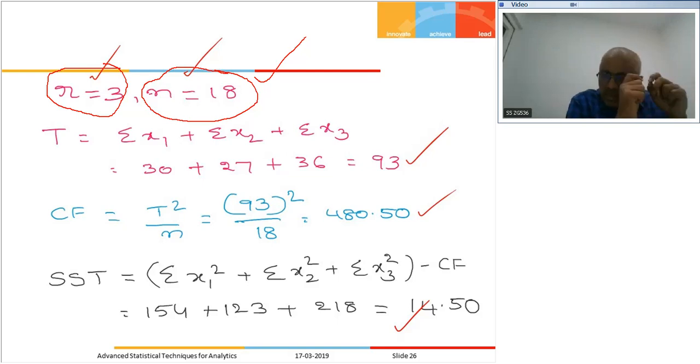No. Here again we are validating the hypothesis related to mean, and in the process we are taking the help of variances. That's why it is analysis of variance.